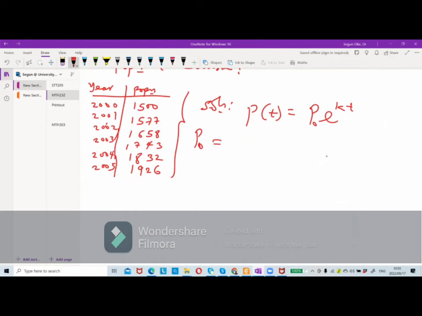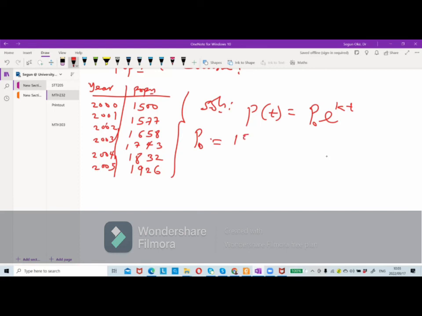Who can tell us? Anybody on the table? It's 1,500, because that's the initial condition. That's the starting point, where you are starting from. So it's 1,500.